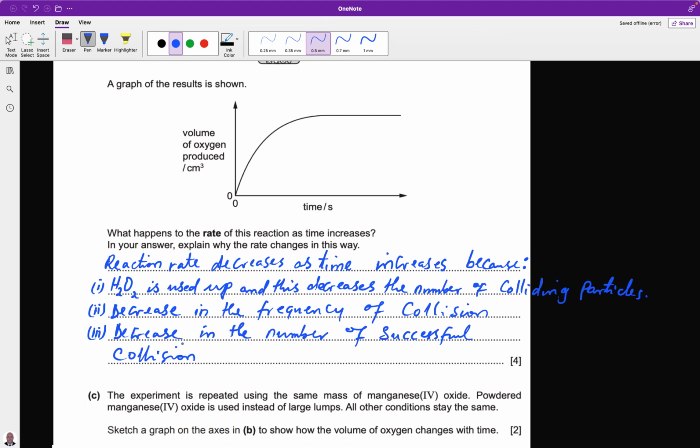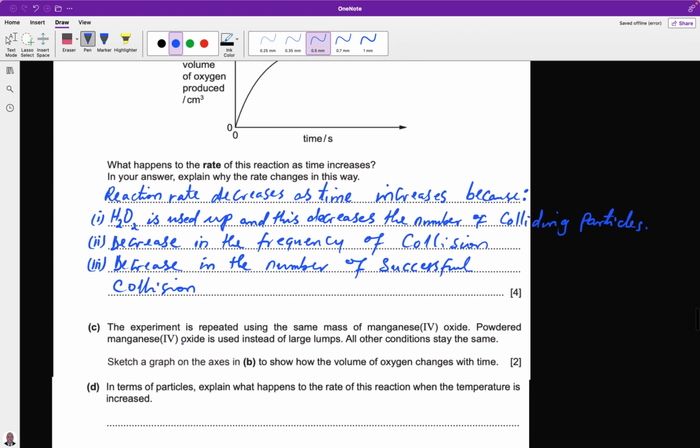Another reason is that when there is a decrease in the number of colliding particles, there is a decrease in the frequency of collision. And when there is a decrease in the frequency of collision, there is also a decrease in the number of successful collisions. So any of these reasons will give you some marks.